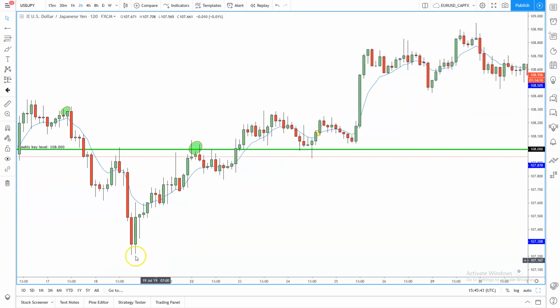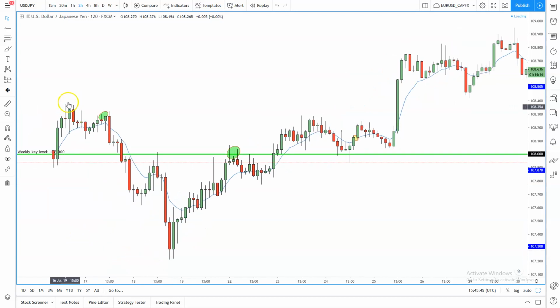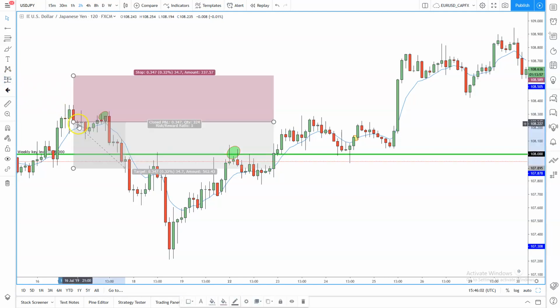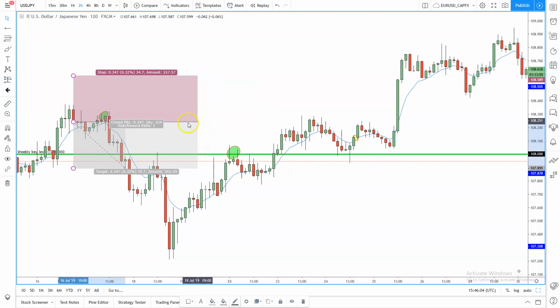Tweezer bottom. There's no example of tweezer top here. Tweezer top there, 1, 2. Nice engulfing close. So entry after this candle here, and let price run out by itself.